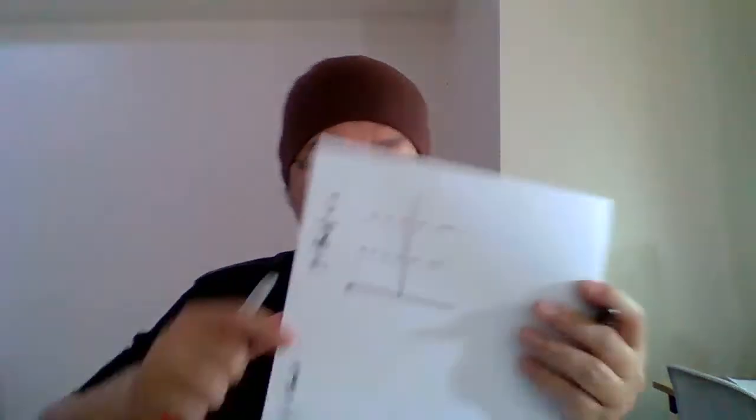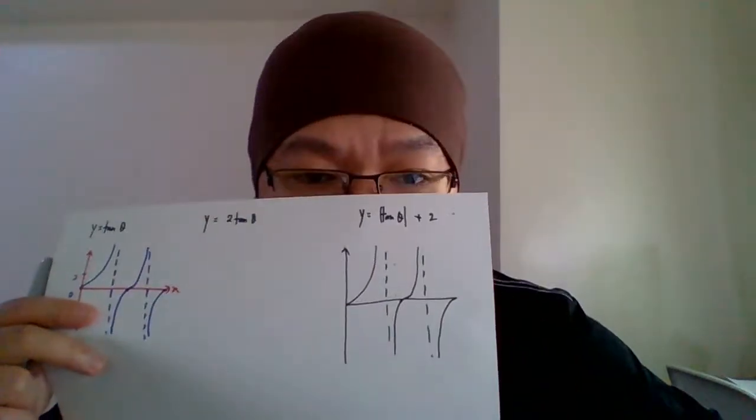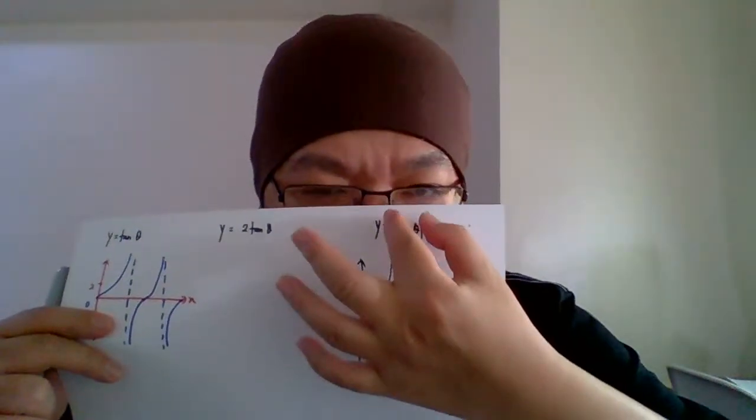Firstly, we draw the asymptotes like this, and we draw the standard tangent. Okay, this is the standard tangent, and now we got modulus.